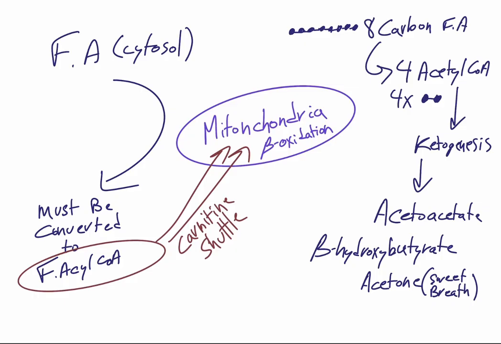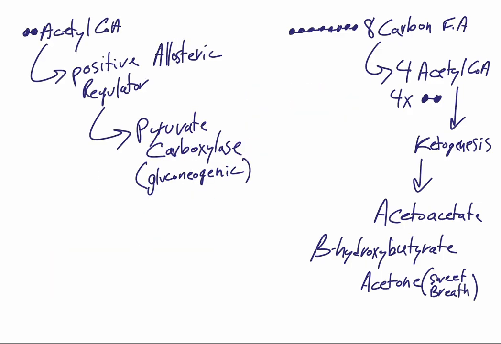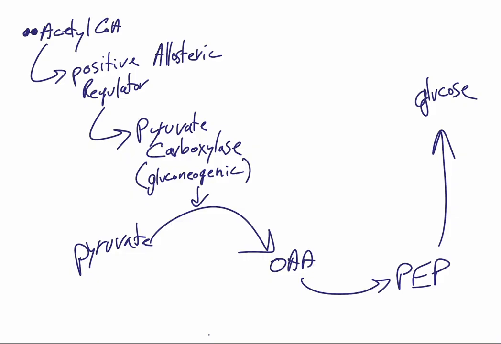Now, why is glucose low? This also needs to be addressed. Acetyl-CoA is a positive allosteric regulator of pyruvate carboxylase. This is a key gluconeogenic enzyme. Here's the sequence at the end of glycolysis. Pyruvate can either enter the Krebs cycle via pyruvate dehydrogenase, or it can go backwards towards glucose through gluconeogenesis. However, it can't just reverse directly. Glycolysis includes irreversible steps.